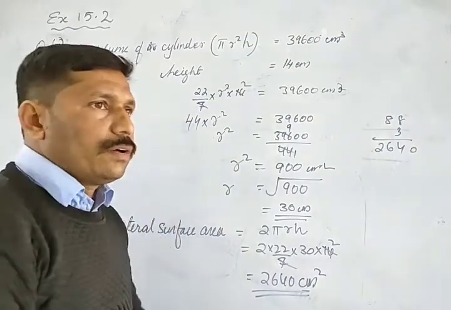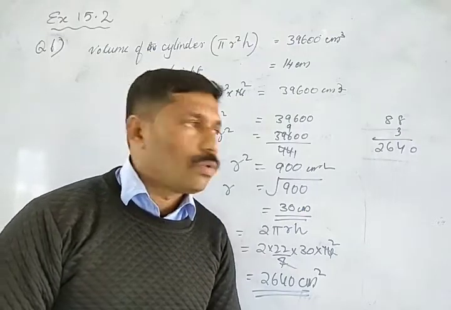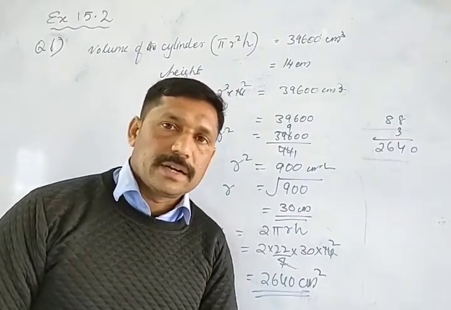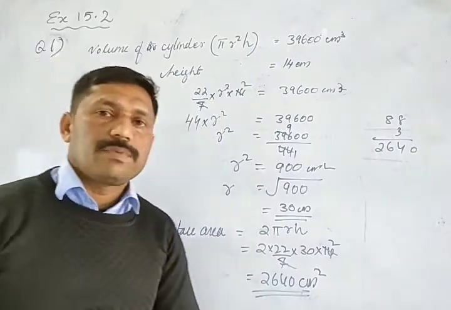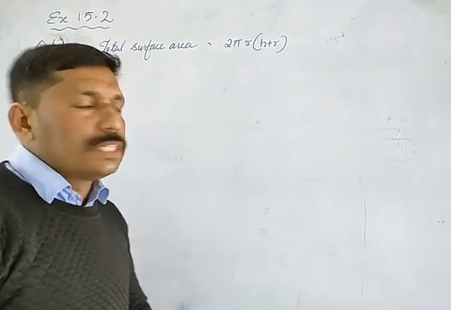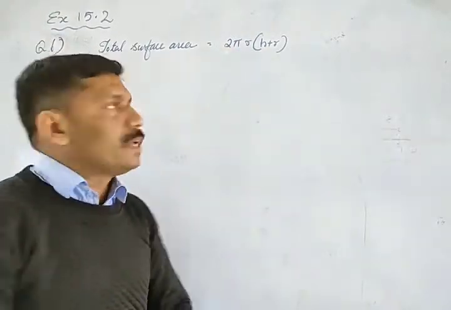Now we have to find out the total surface area of that cylinder. Total surface area of the cylinder is equal to 2 pi r into h plus r.